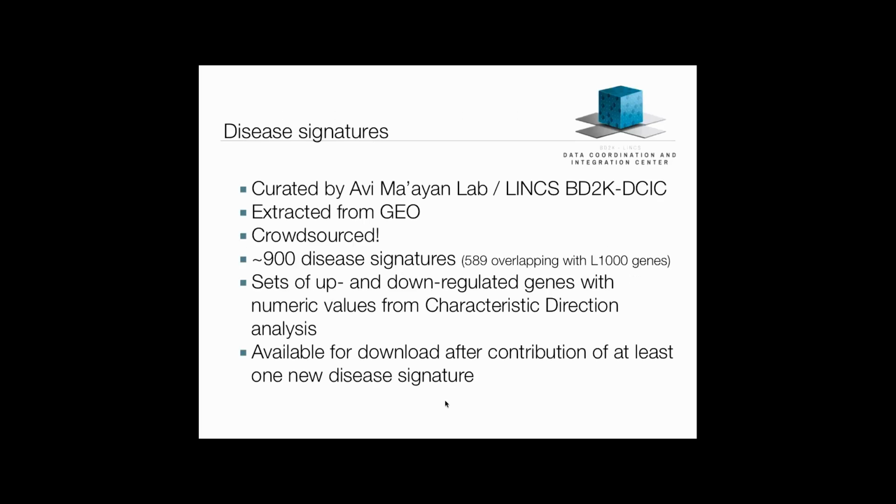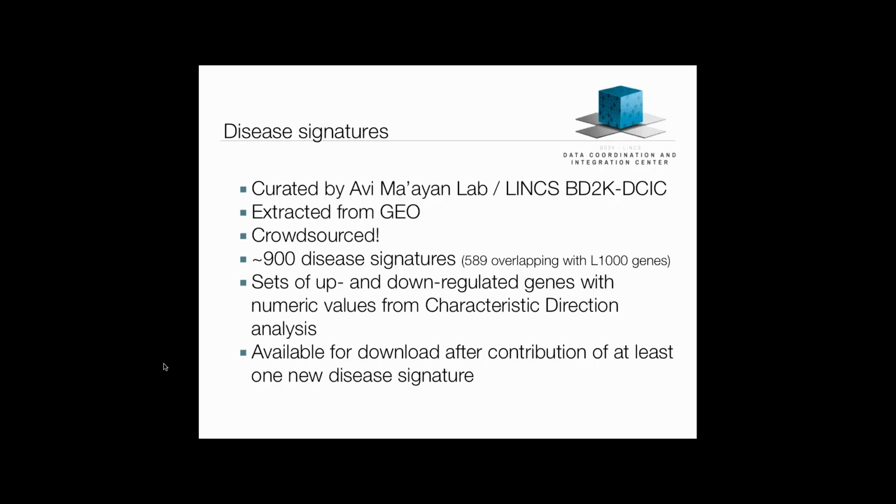So first of all, I needed some disease signatures to compare to my drug signatures, and these were curated by Avi Ma'ayan's lab, along with the LINCS BD2K DCIC consortium. These signatures were extracted from GEO.